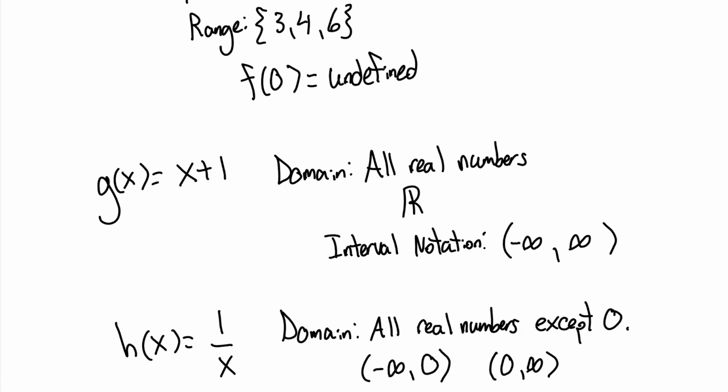So we kind of have these two disjointed parts of the domain, and we're joining them together, so we use this big U symbol, which stands for union. So we would read this as negative infinity to 0, union 0 to infinity. So in other words, the only number that we're excluding is 0.